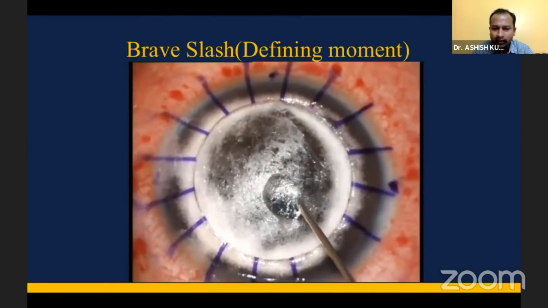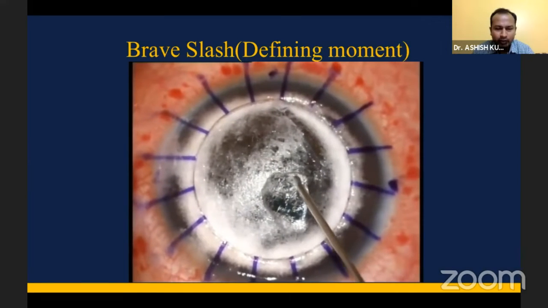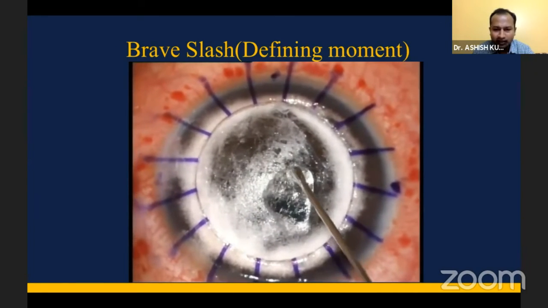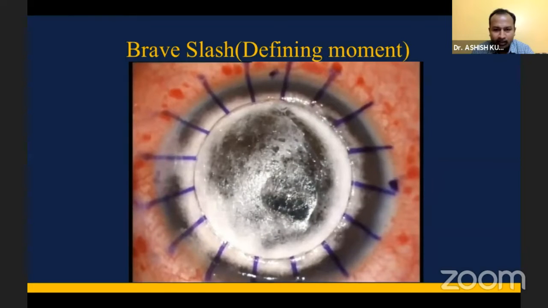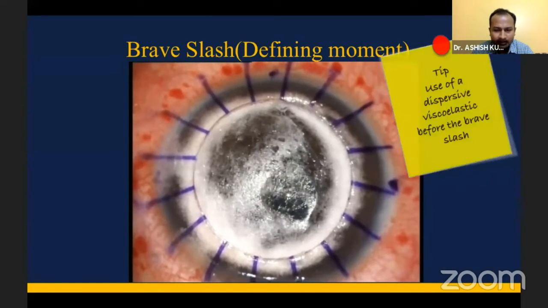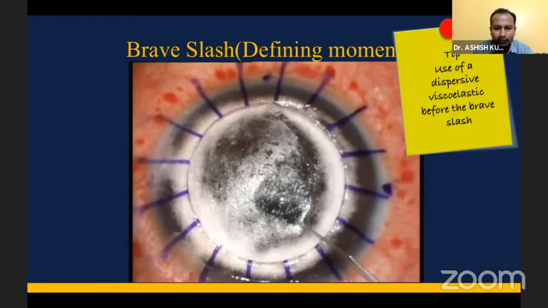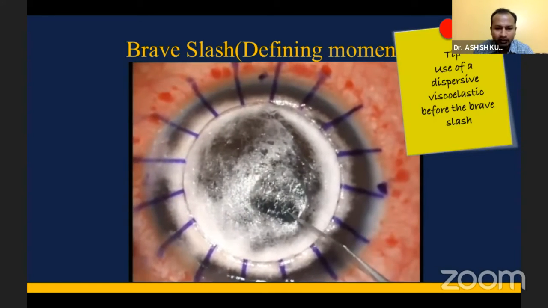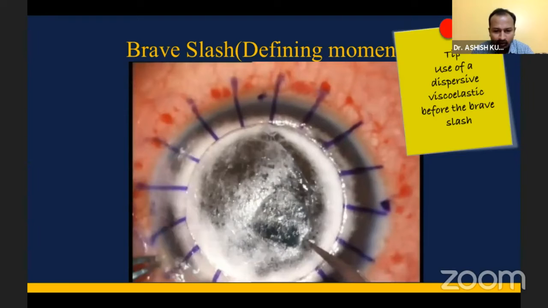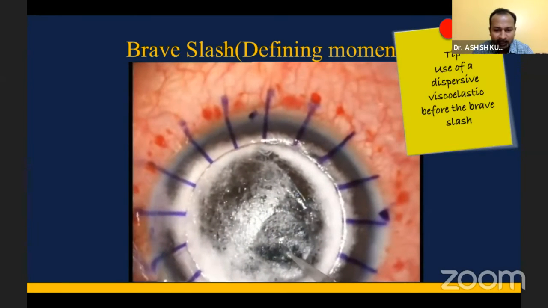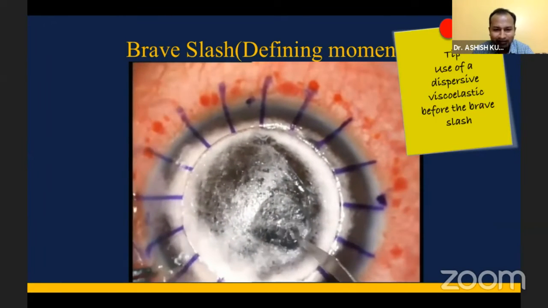Once you have got the big bubble, now it's a defining moment, the moment for the brave slash. You put a dispersive viscoelastic here so that you prevent the sudden bounce back of the Descemet's once you get rid of that bubble. So now I'm trying to attempt that slash. I'm not that brave.